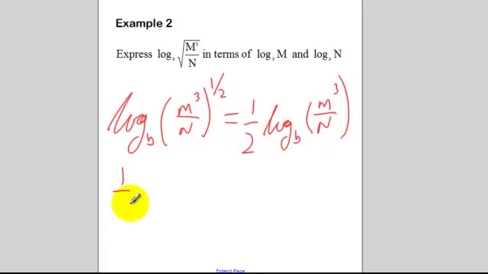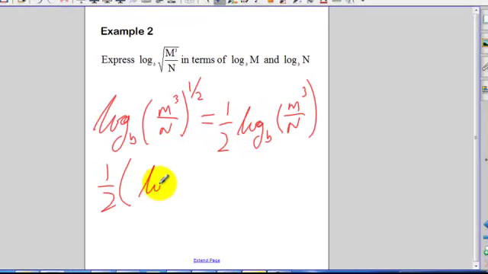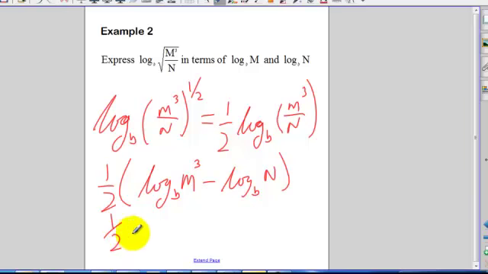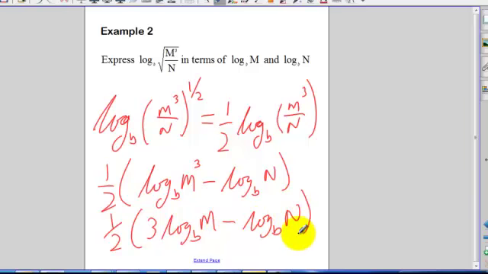And now I can use the quotient rule. The log of a quotient is the difference in logs: the log base b of m cubed minus the log base b of n. And finally the power rule again: 3 times the log base b of m minus the log base b of n. So I've broken it down into just terms of log base b of m and n.